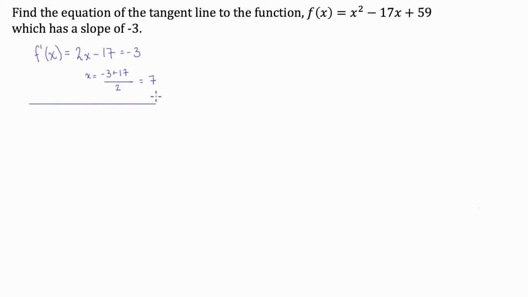So the next step is to find the function at 7, which is going to equal 7 squared minus 17 times 7 plus 59. 7 squared is 49. 17 times 7 is 119. 49 minus 119 plus 59 is going to equal -11.